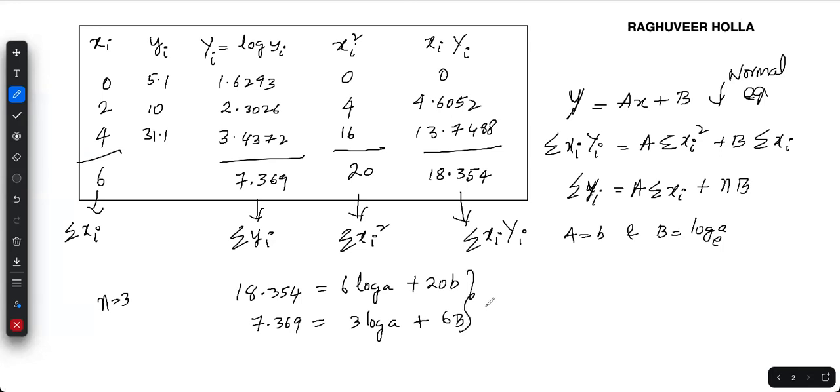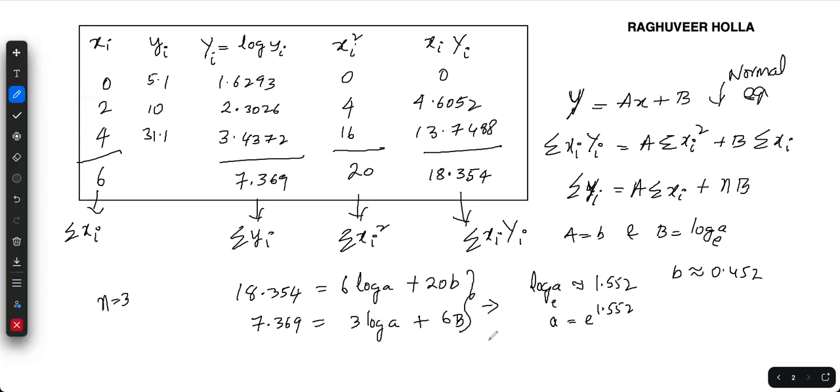Now solving these two equations, you get log a nearly equal to 1.552, or a will be e to the power of 1.552 because this is the base e, and b will be 0.452.